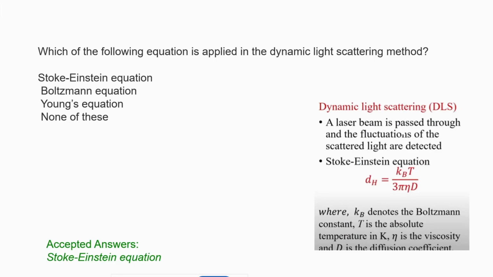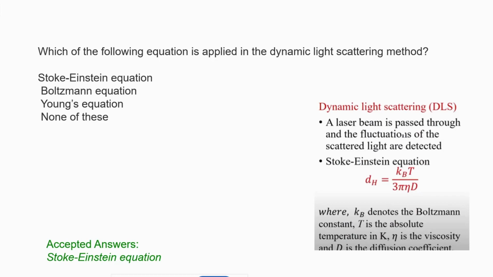The next question was: which of the following equations is applied in the dynamic light scattering method? Here the Stokes-Einstein equation would be the correct answer. Dynamic light scattering is basically a laser beam passed through the sample, and the fluctuations of the scattered light are detected.